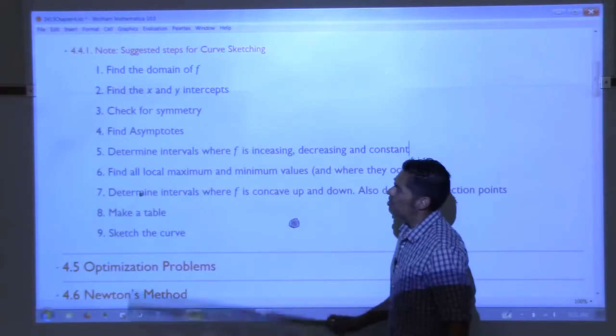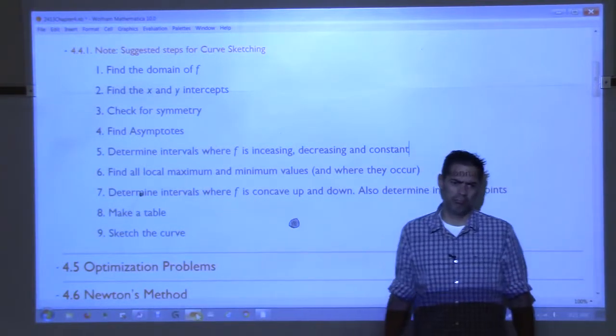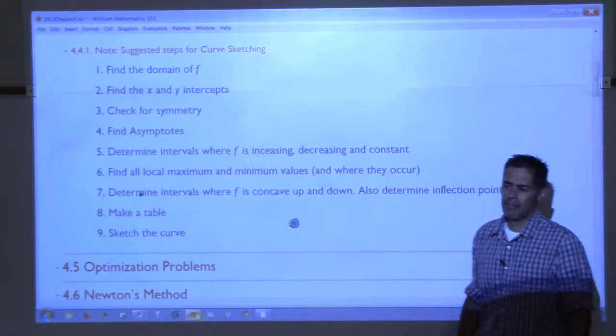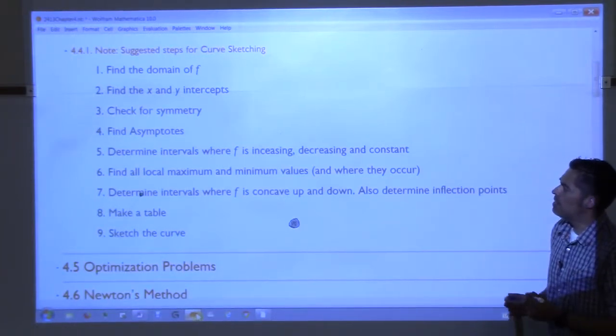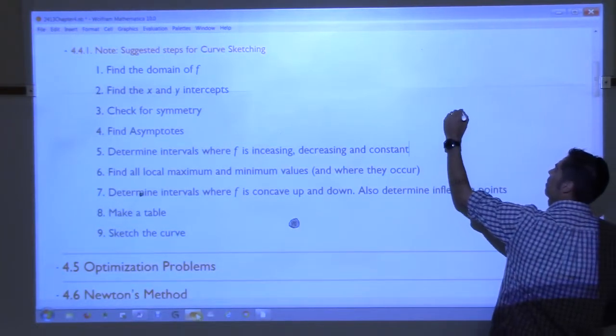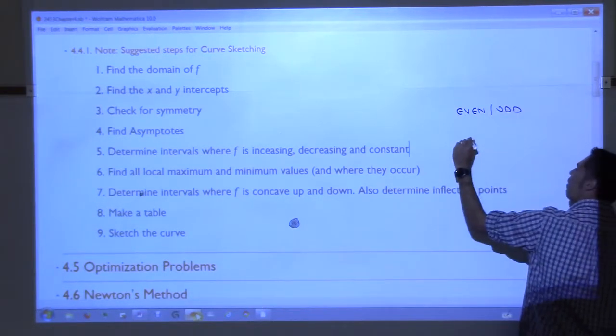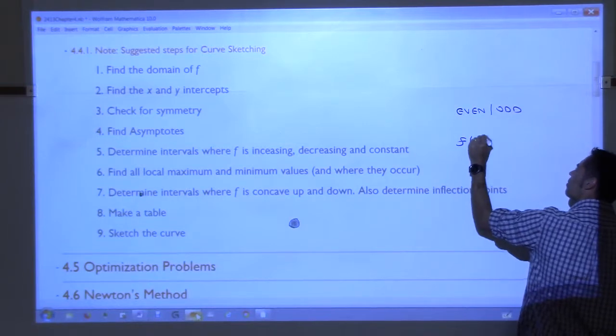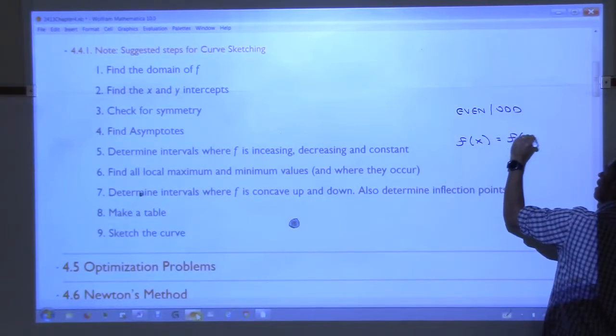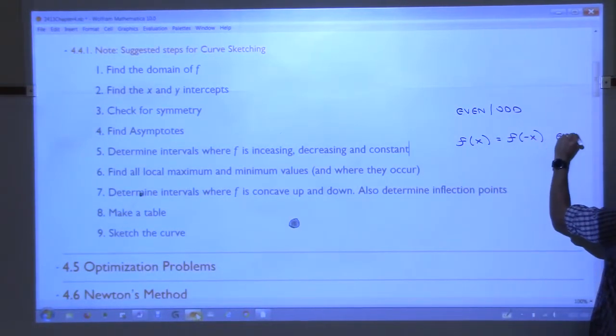Checking for symmetry. What is that? That has to do with the idea of even and odd functions. Whether or not f of x equals f of negative x, that's what we call an even function.